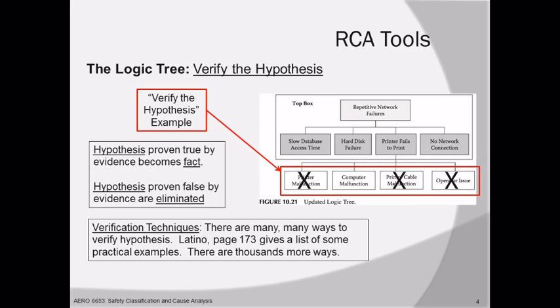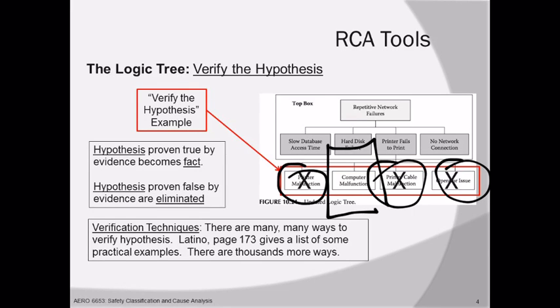We like fact. When a hypothesis is proven false by evidence, it's eliminated, as in these cases here. So 3 are eliminated, 1 is fact. So we prove 1, we prove them all. We prove a hypothesis true, it becomes fact. We prove a hypothesis false by evidence, and it is eliminated.